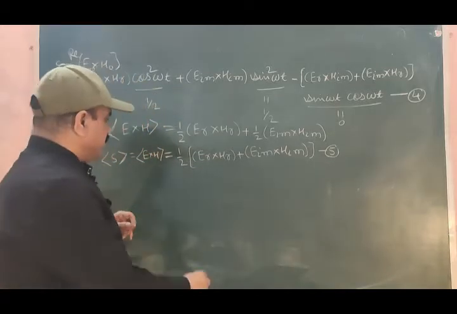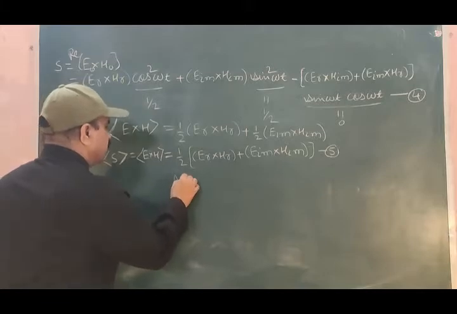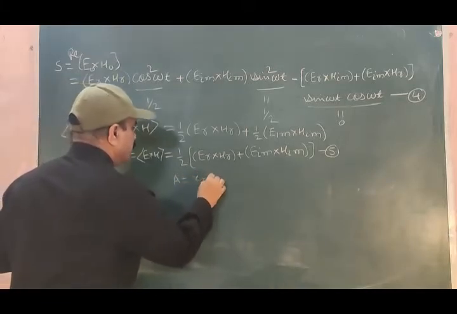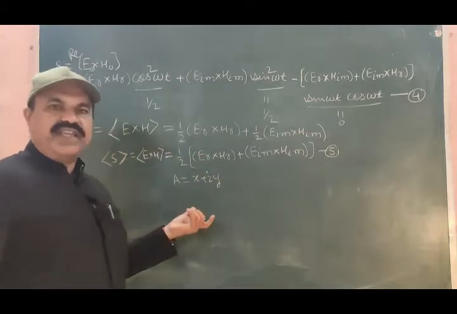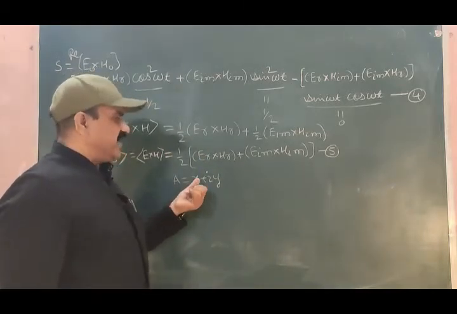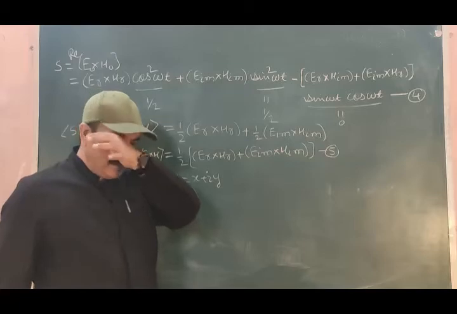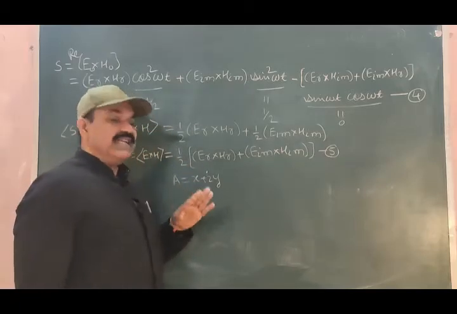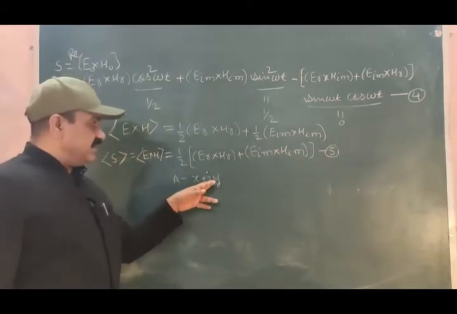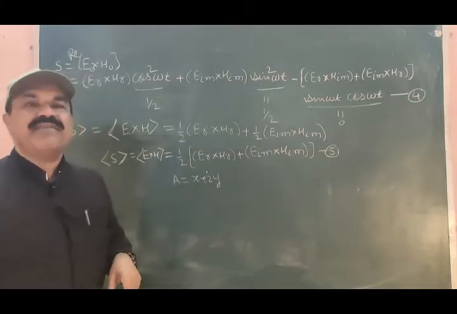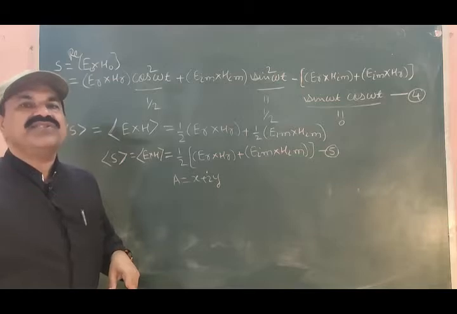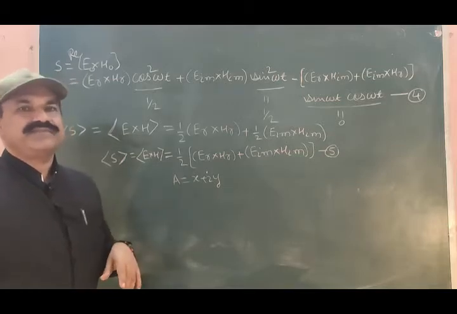For example, let us suppose that you have a complex number A equal to x plus iy. A is a complex number, A is equal to x plus iy. x is the real part, iy is the imaginary part, because i is imaginary, whose value is square root of minus 1.